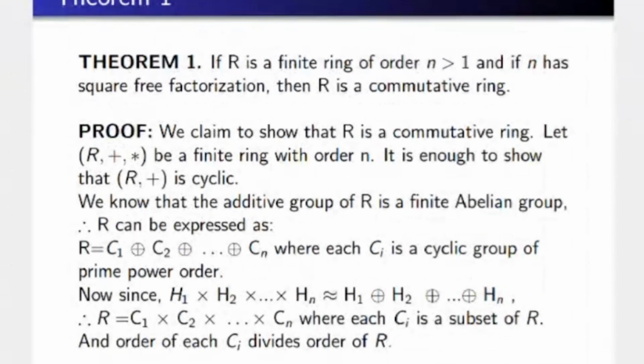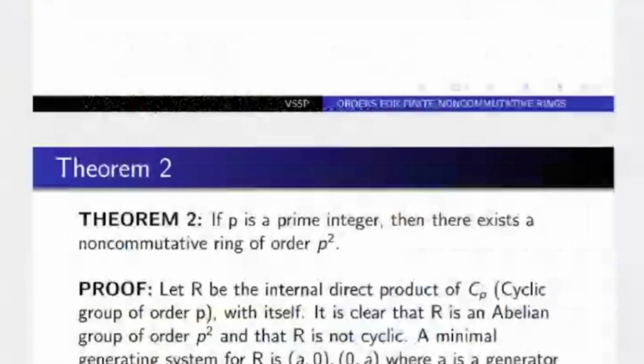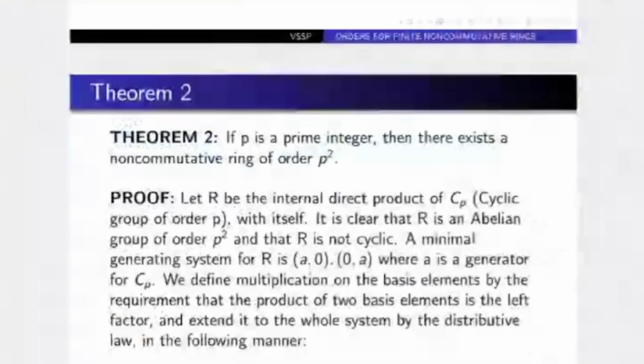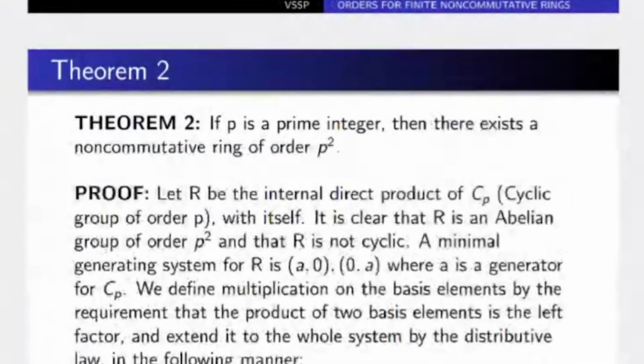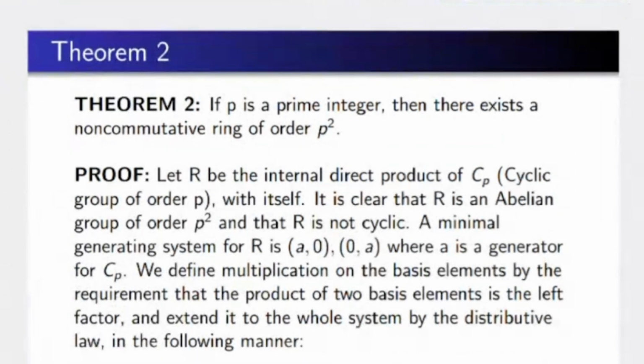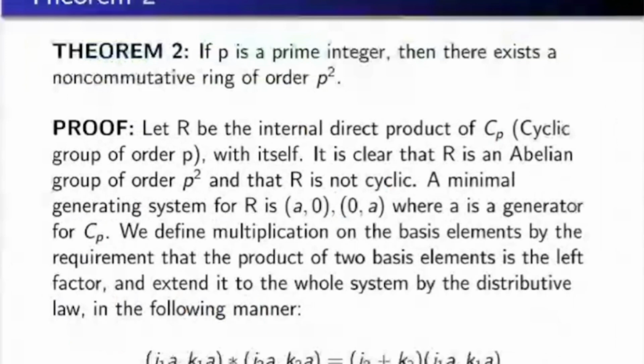Now we come to the next theorem, where R has some prime integer, say p, which occurs more than once in its order. So we are assuming that if p is a prime integer, then there exists a non-commutative ring of order p square.